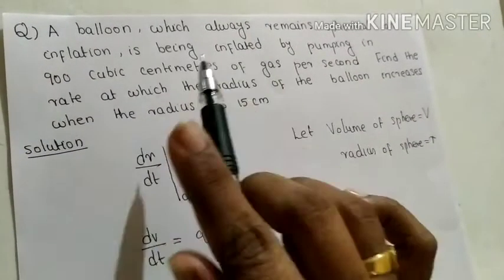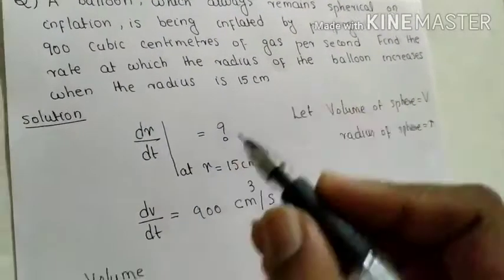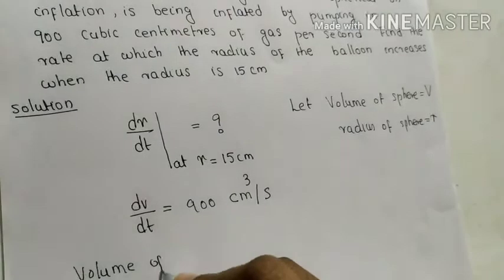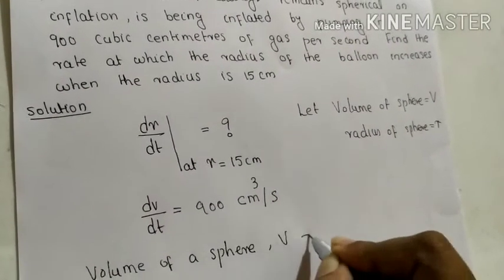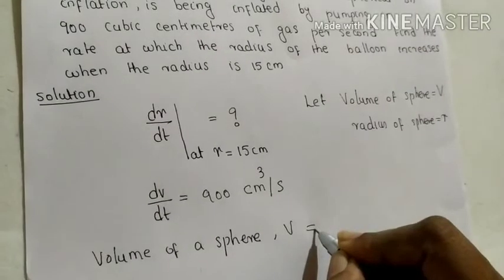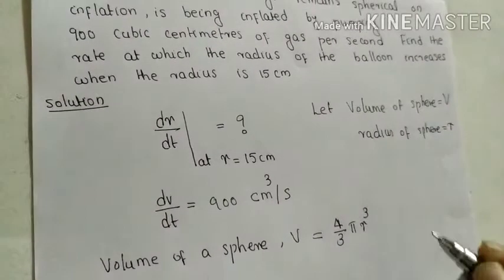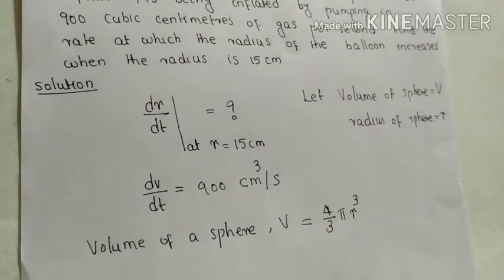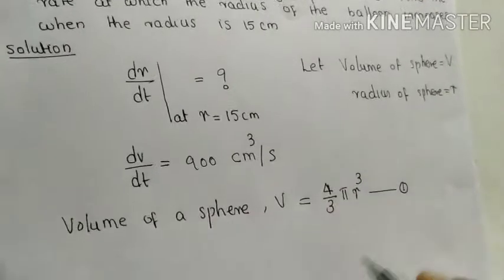Next, we know that a balloon has spherical shape, right? So, the volume of a sphere is V equal to 4 by 3 pi r cube. Let us name it as equation number 1.